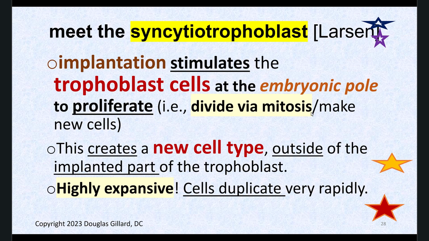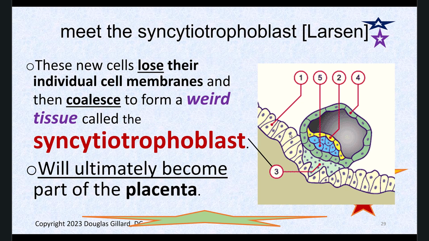All right, let's meet a new tissue. It's time for a new tissue. So we've implanted, and by an endocytosis process, the blastocyst is starting to burrow into the wall of the endometrium. And that stimulates a change. The trophoblast cells, the green cells, are where the contact is with the endometrium here.